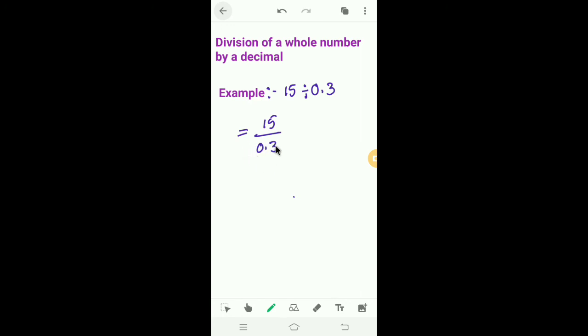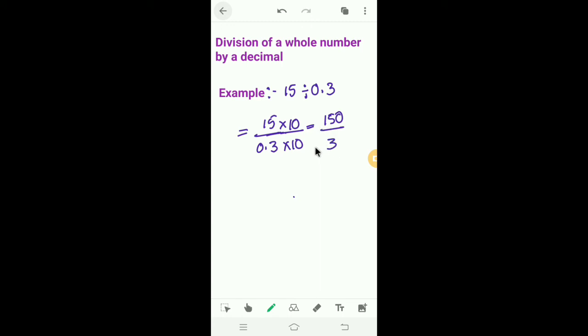So we have to multiply 10 by 0.3. And we have to multiply 10 by 15 also. 15 into 10 is equal to 150 by 0.3 into 10 is equal to 3.